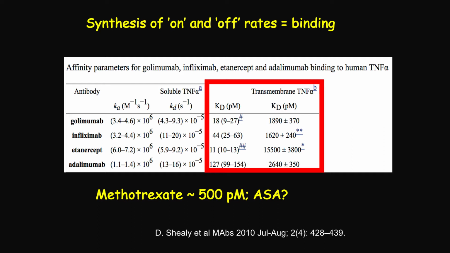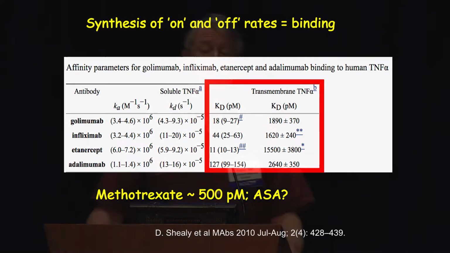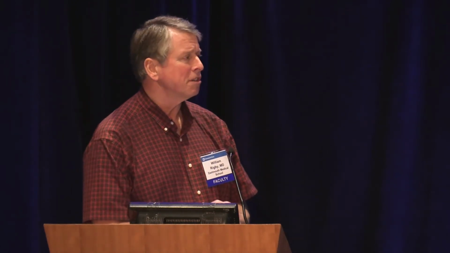Remarkably, and we've known this, but it's kind of drifted into the sands of time, the KD, the ability of these molecules to bind transmembrane TNF is quite a bit different, and is particularly different if you look at etanercept, that it requires a much higher concentration to bind transmembrane TNF. So these agents are much more specific for soluble TNF than for transmembrane TNF. That is the TNF that's on the surface of the monocyte or the macrophage or the T cell.